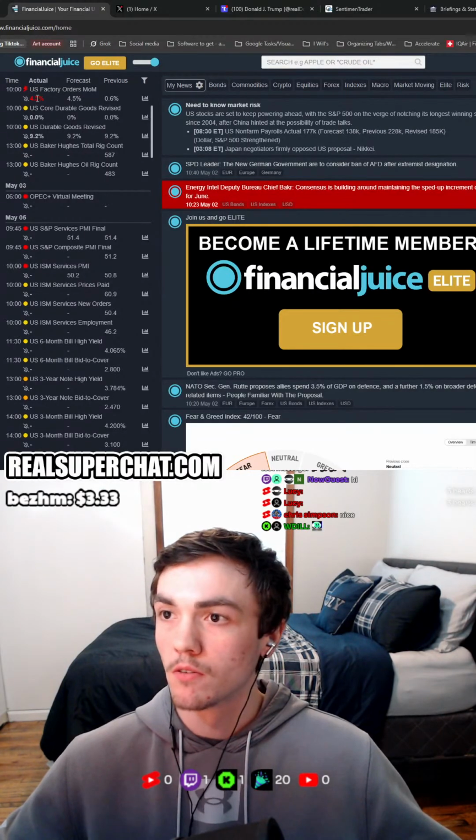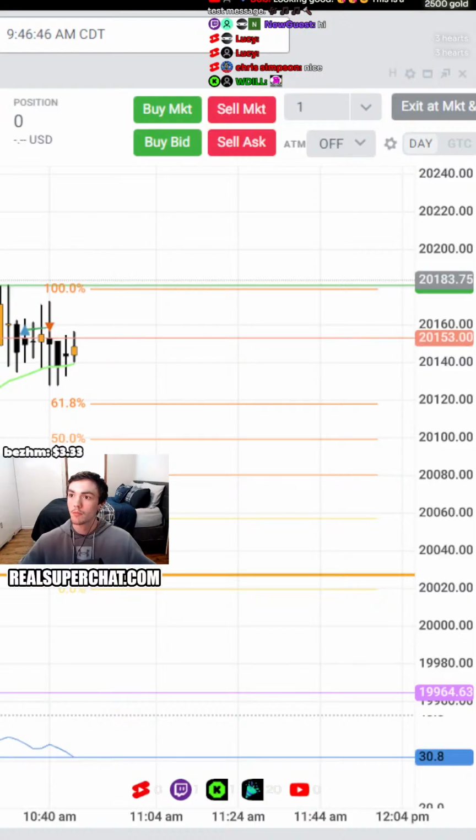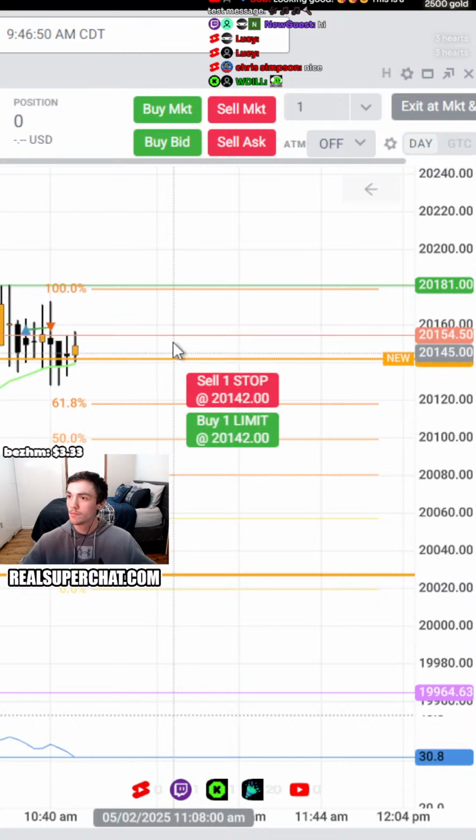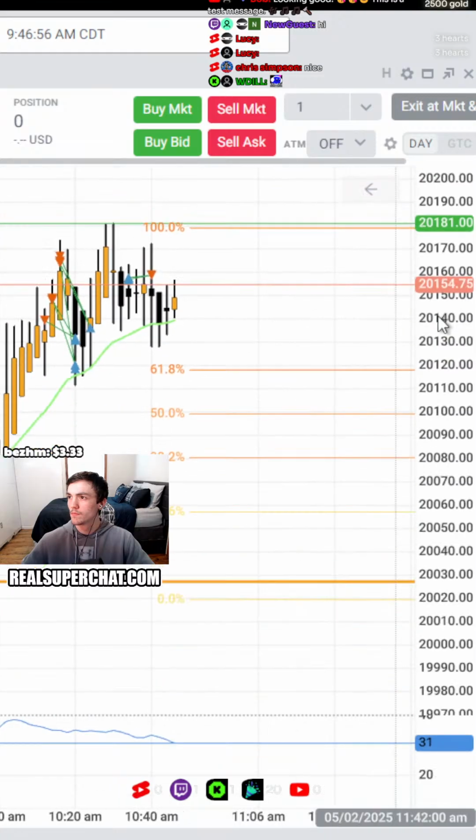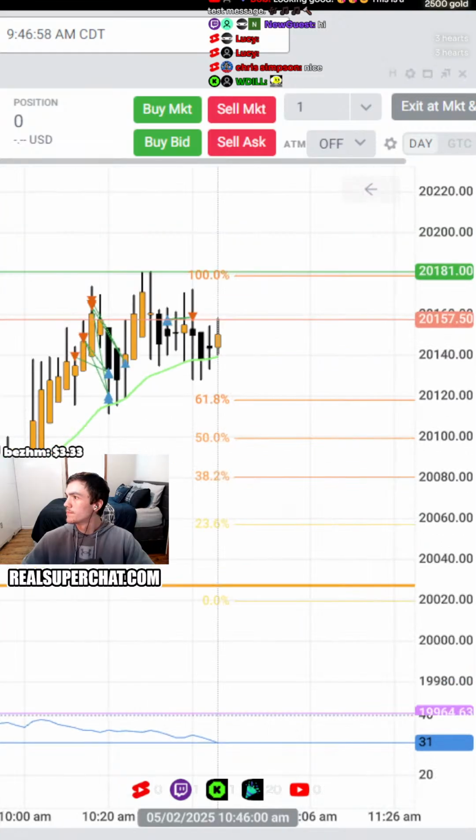Seems to be bouncing off the 21 EMA. On the 5 minutes, chopping around.